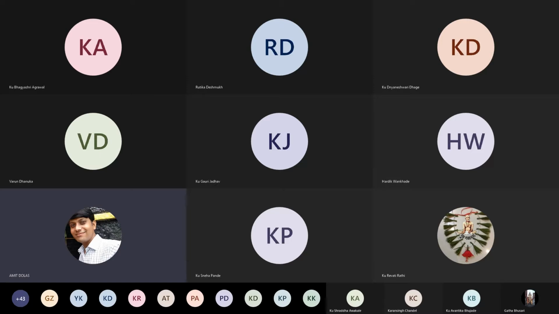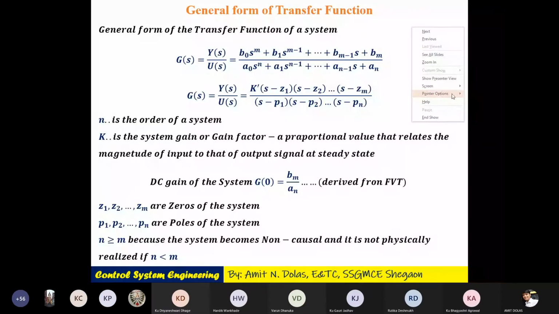Is the PPT visible? It is the general form of transfer function.